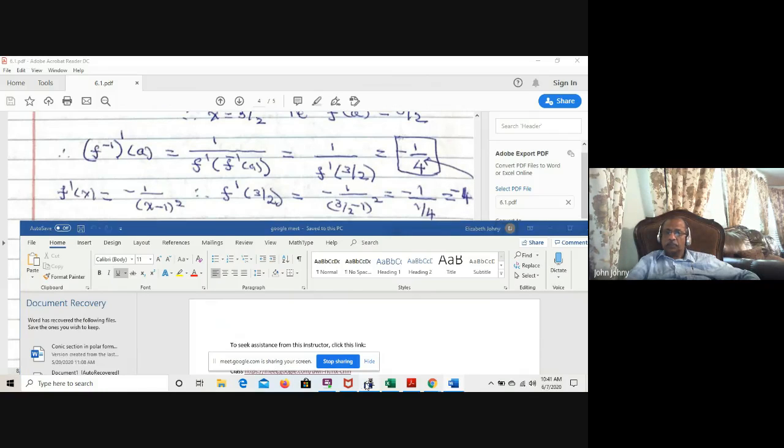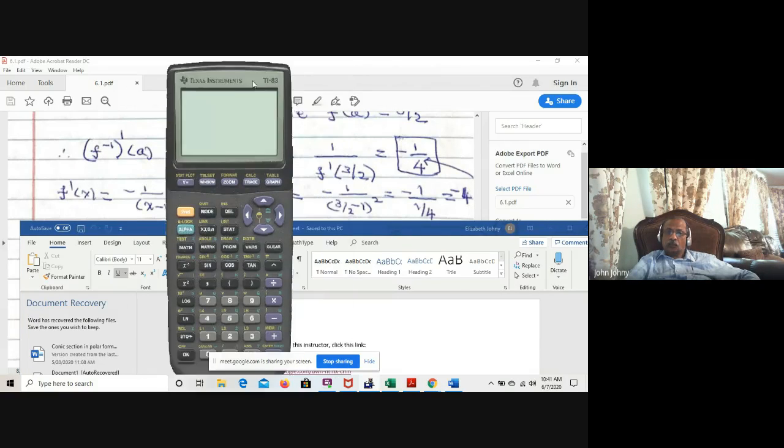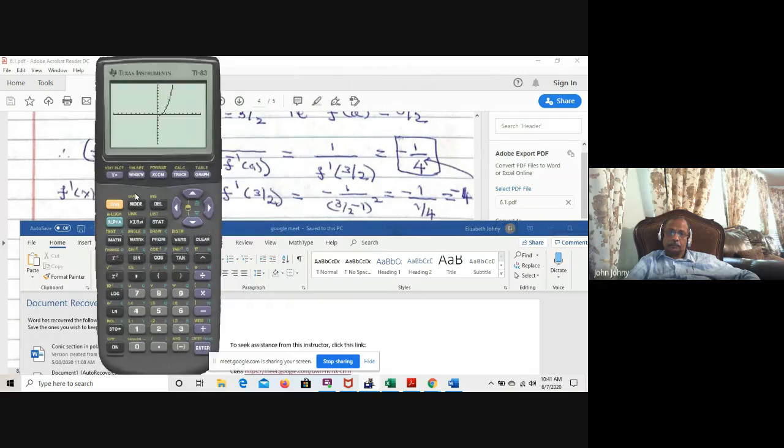I will show you that. Negative 1 divided by 3 over 2 minus 1, the whole square.